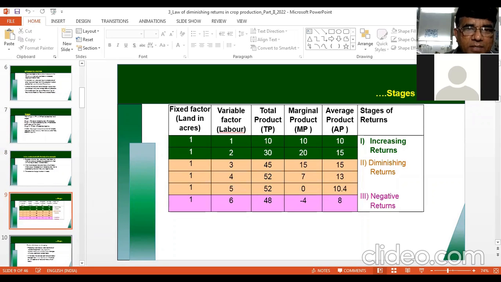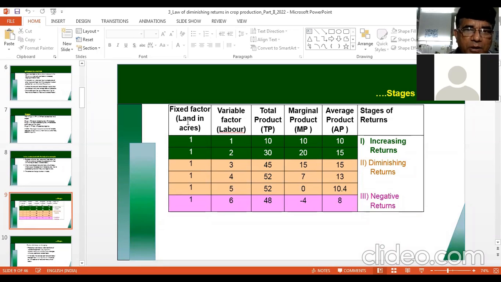Your fixed factor, the first column, is important. Your land is just 1 acre with the farmer. So whatever level of production will be there, whatever level of variable factor will be there, his fixed resource is not going to change. It will remain only 1 acre. However, he can make changes in the variable factor, starting from 1, 2, 3, 4, 5, 6.